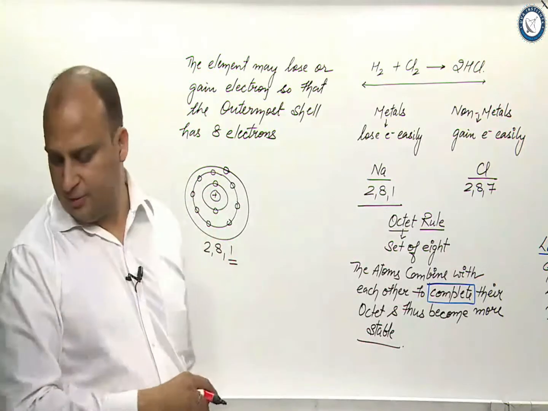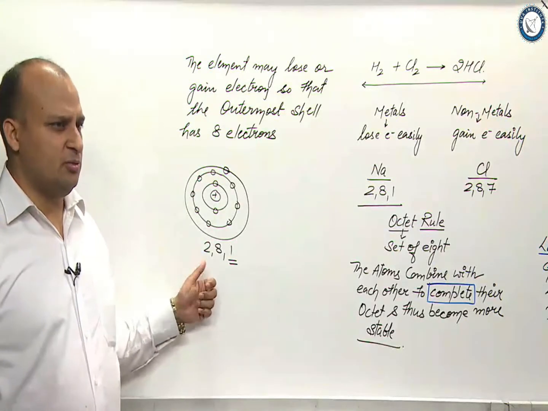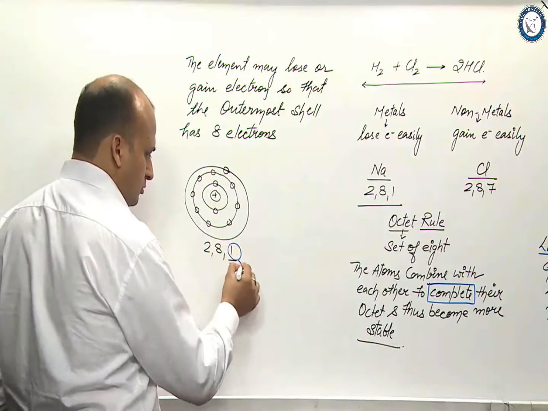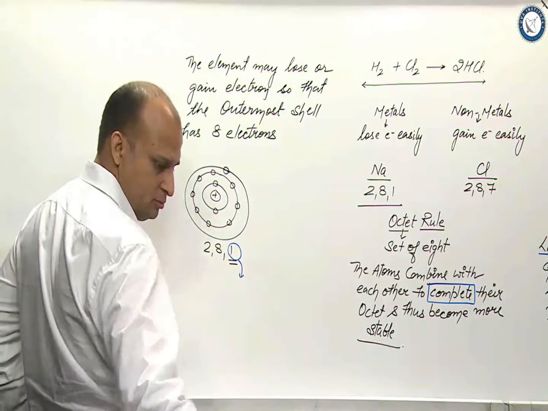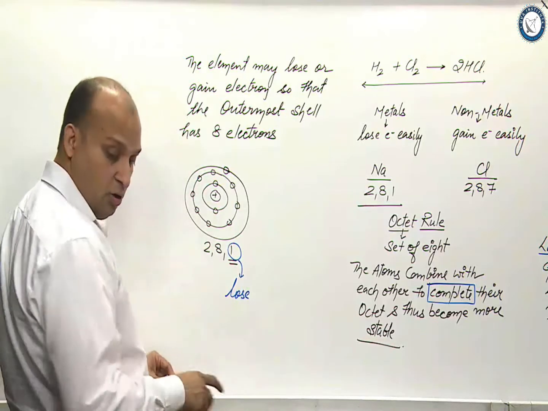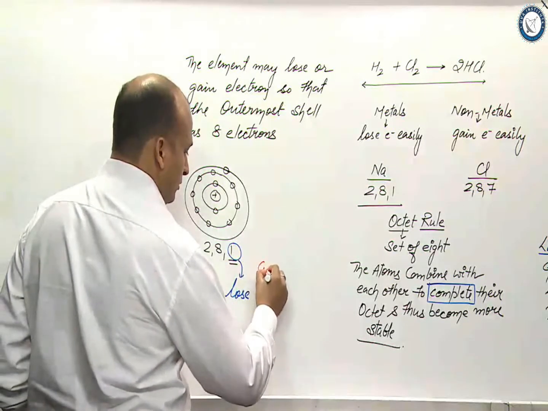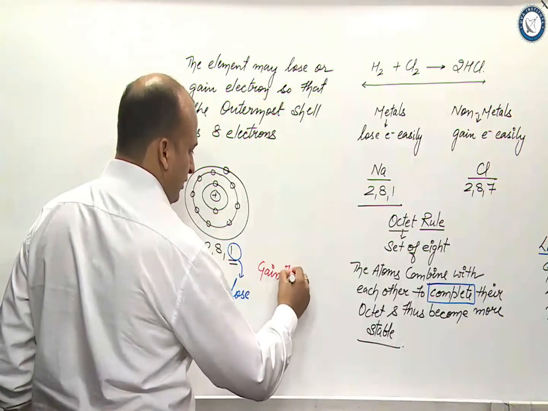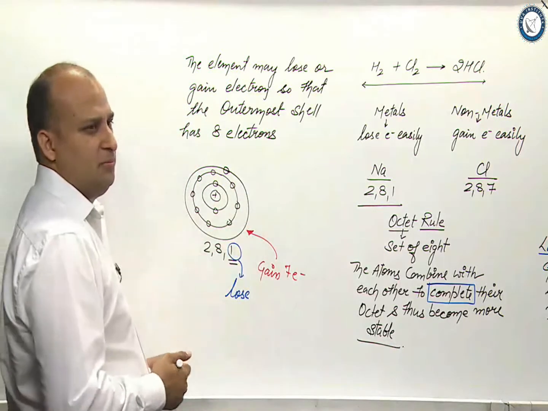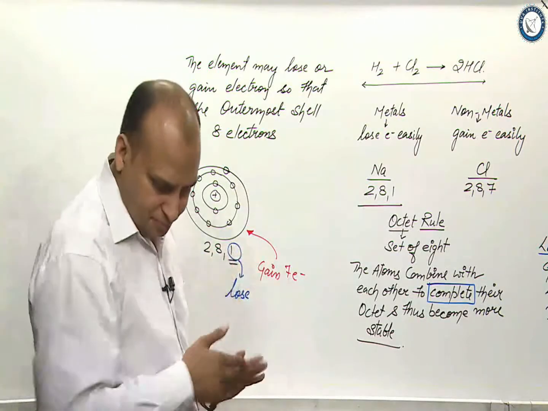Now tell me, my dear friends, what is easy for this atom of sodium? To lose one electron, or gain 7 electrons? बताइए मुझे, lose one electron, you agree with me?